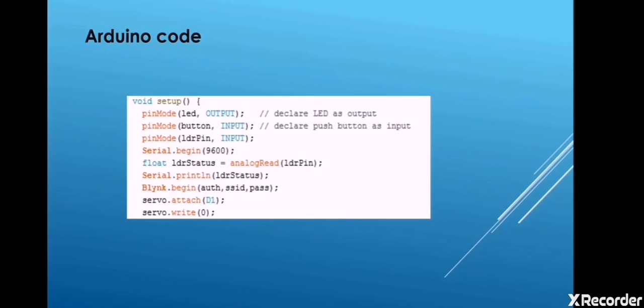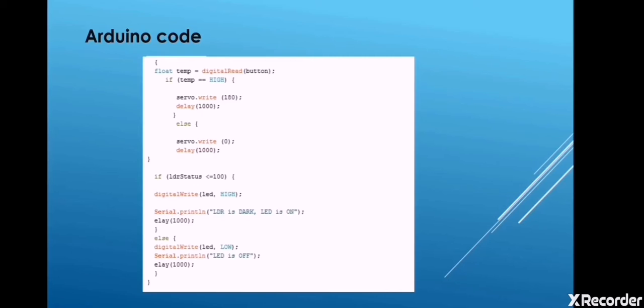So I float the LDR status and attach the servo to the D1, which is the digital pin 1, and initialize the value of servo, which is 0.